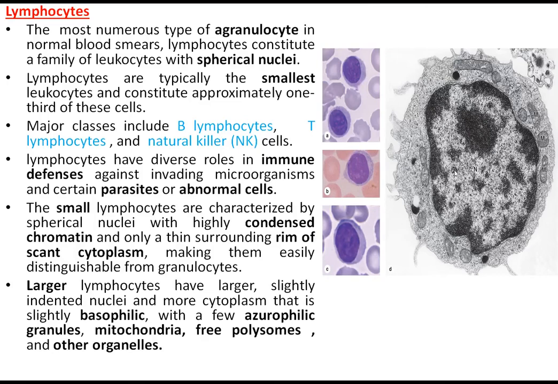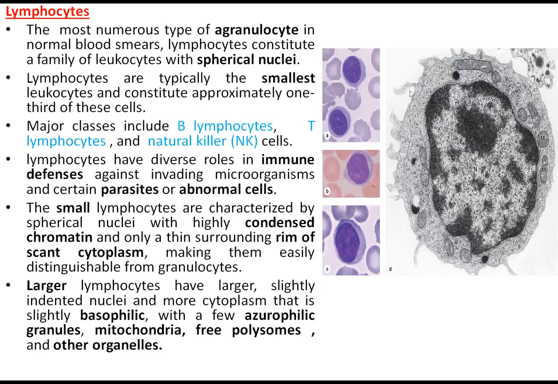This nucleus occupies almost all the size of the lymphocyte, surrounded by a thin rim of cytoplasm, making them easily distinguishable from granulocytes, because this cytoplasm has no specific granules, but it has a few eosinophilic granules.